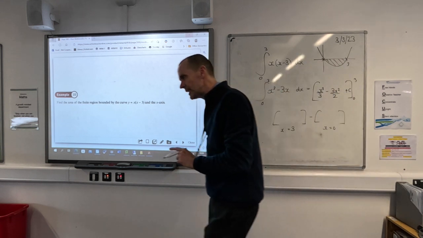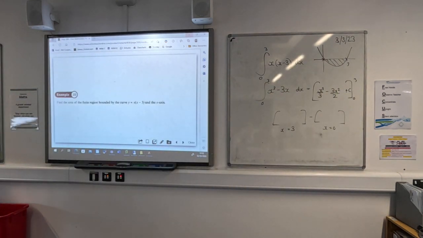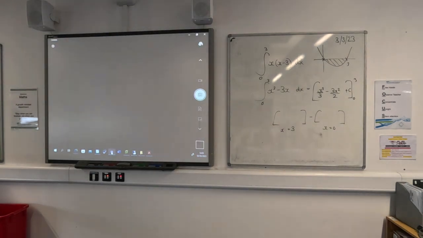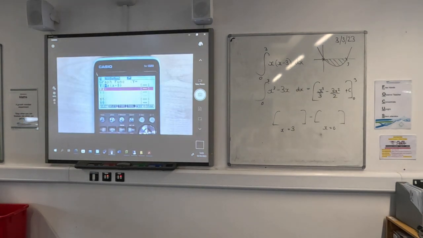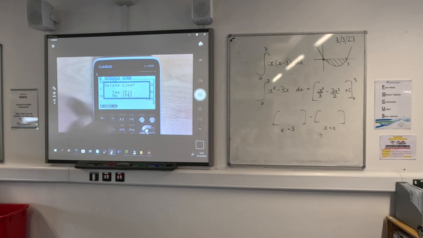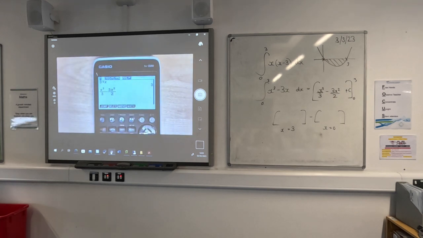So we are increasing the power by 1, dividing by the new power. Do you remember, use your calculator to do the substitution, because that's where the mistakes nearly always occur.